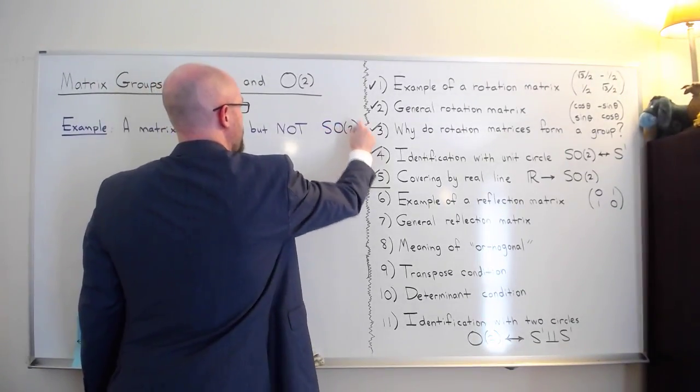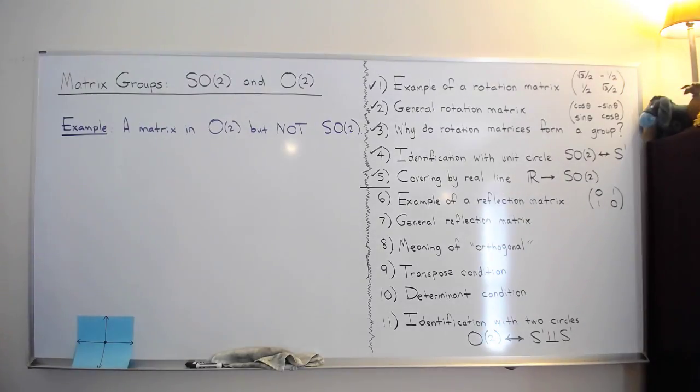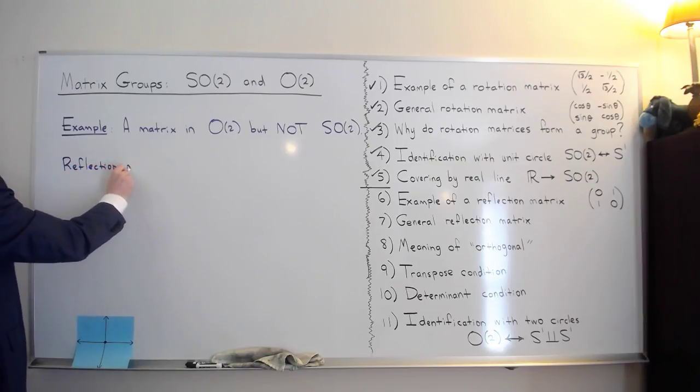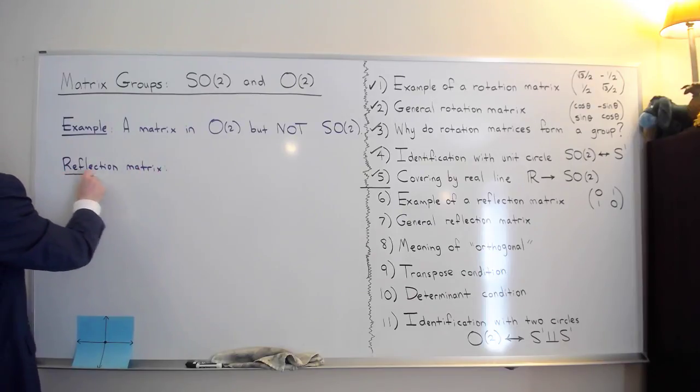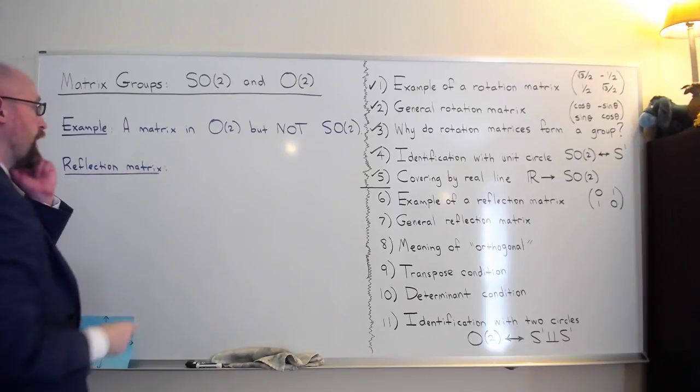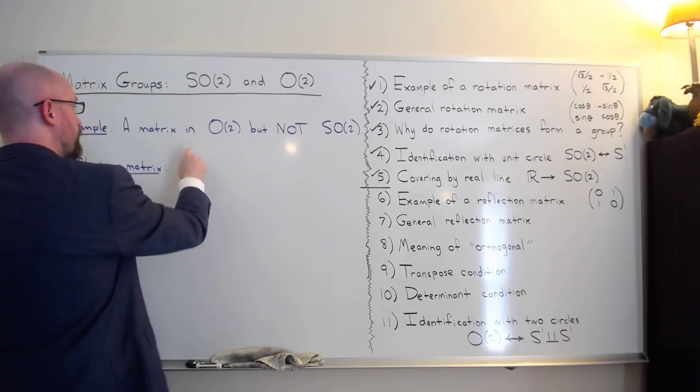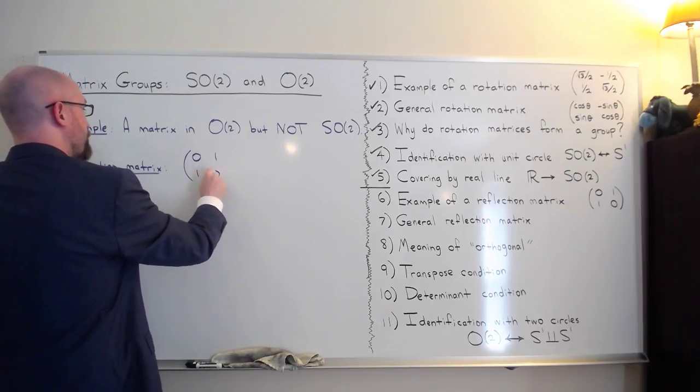And that's this reflection matrix. I'll choose a particular one here and we'll see what it does: 0, 1, 1, 0.